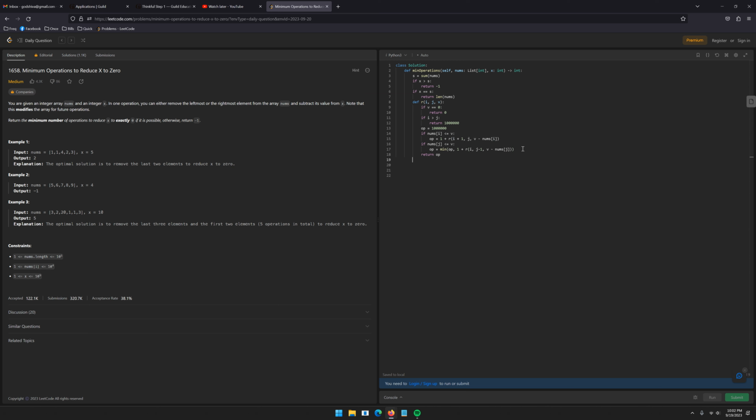And then b equals r of 0, length nums minus 1, x. If b is less than, return b, else return -1.